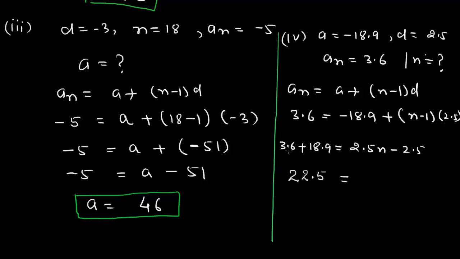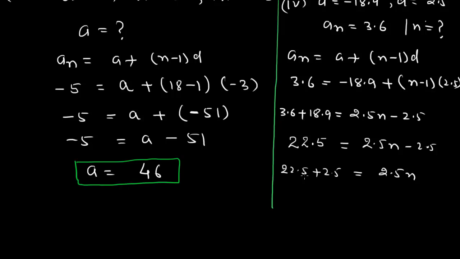Adding 3.6 and 18.9 we get 22.5, so 22.5 equals 2.5N minus 2.5. If we take minus 2.5 to the left side, we get 22.5 plus 2.5 equals 2.5N.